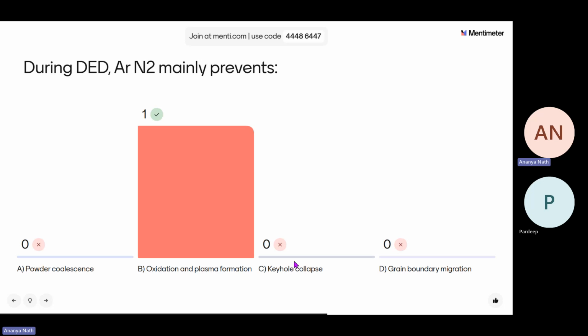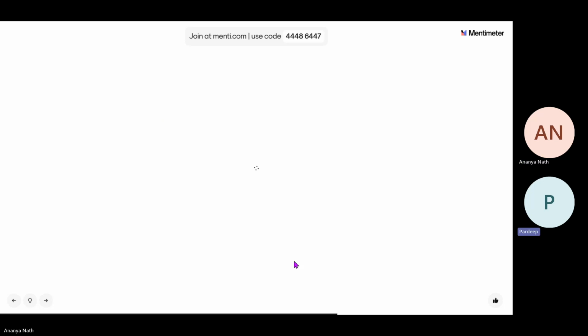Also, it maintains the melt pool shape. It prevents the plasma formation so that the laser plasma or plume cannot go back and hit the lens. Then the lens quality will degrade. So it prevents all these things. Also, it maintains the shape of the melt pool.